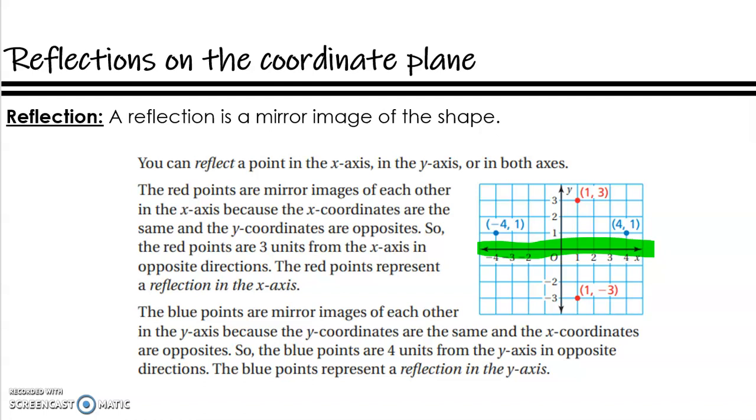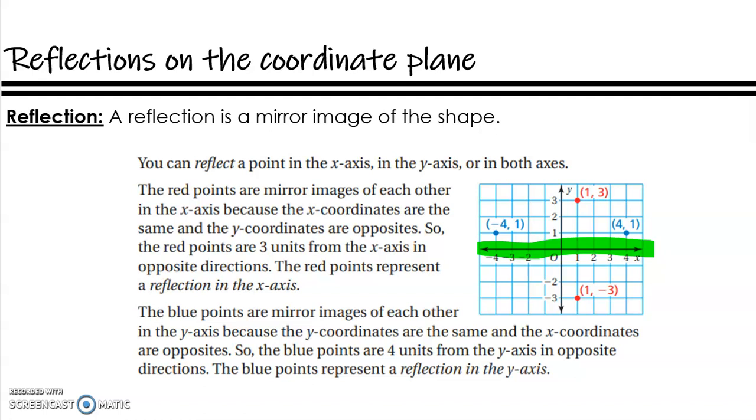Because they are jumping over the x-axis, their x values are the same because they're both right 1, but their y values are opposite. This red is above the x-axis by 3, and this is below. So 1, 3 and 1, negative 3.